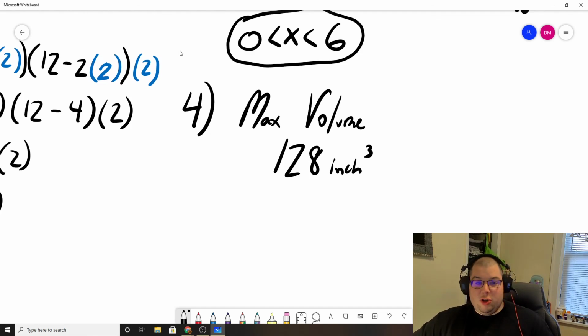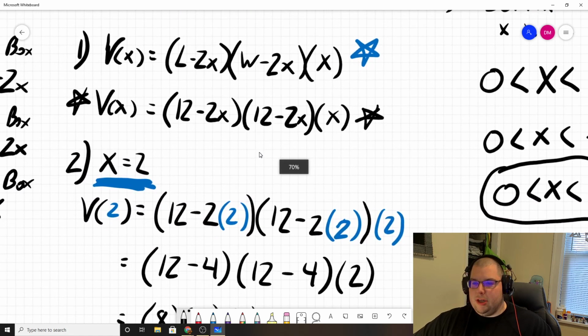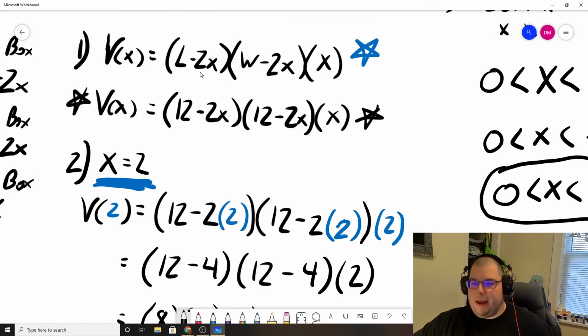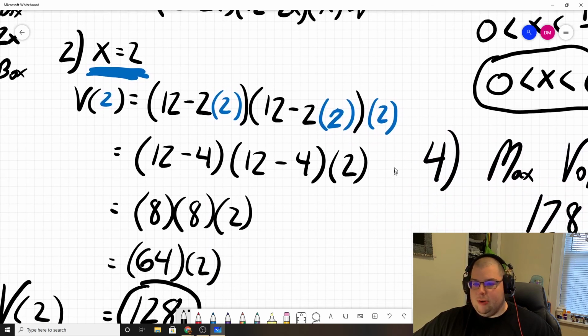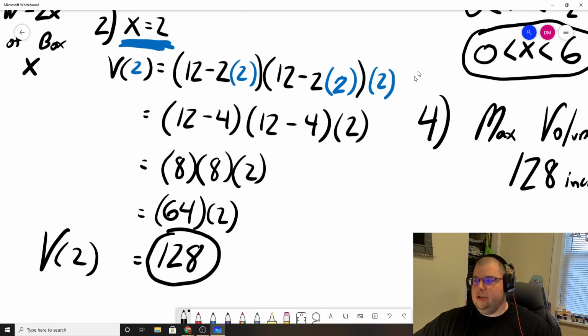So this video's been pretty long. Showed you how to create the volume of the box, the expression for the volume of the box with L and W, the original length and width of the sheet of paper. Specialized it for my 12 by 12 inch piece of paper. Showed you how to substitute in a value for your volume to find the volume.